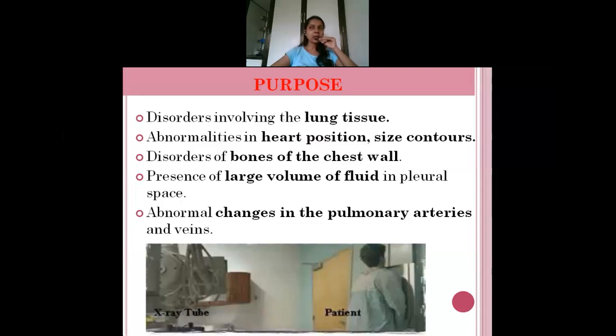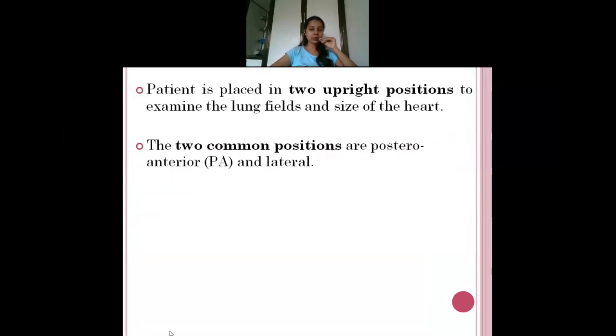Other than that, it is helpful to know about excess fluid accumulation in the peritoneal cavity or in the pericardial sac. Chest x-ray also finds changes in the pulmonary arteries as well as the pulmonary veins.